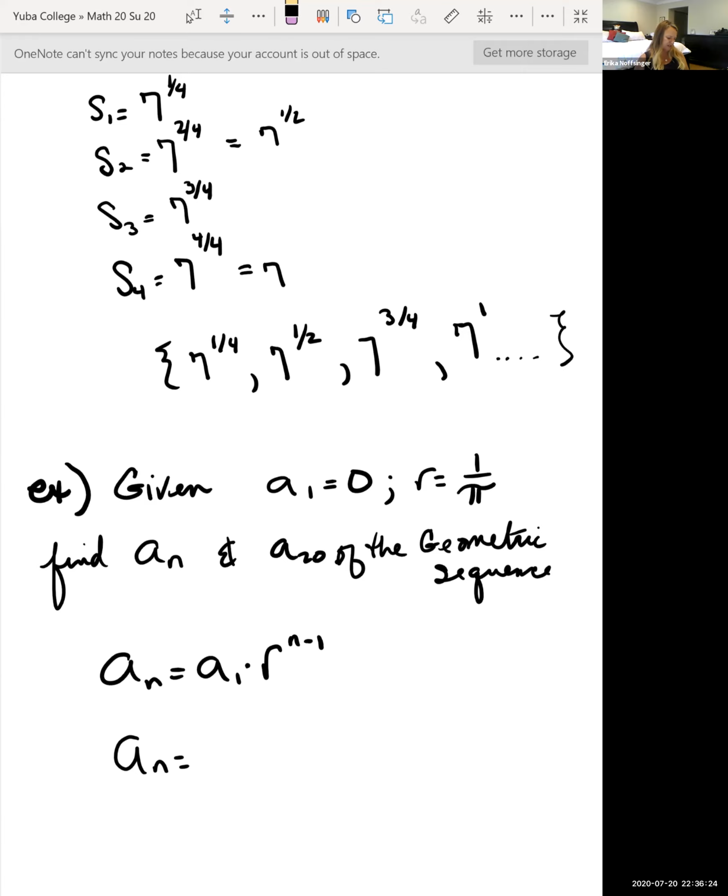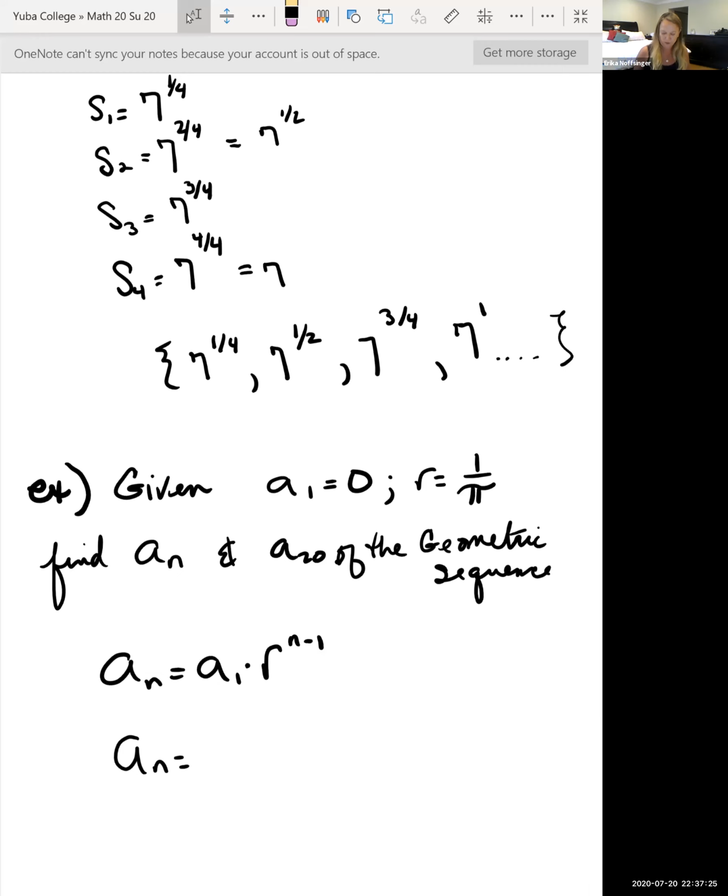So I'm a little confused that they have a sub 1 as 0. I have to look in the back of the book to see. Hold on, let me pause. Okay, so nothing's wrong. We're doing this right.